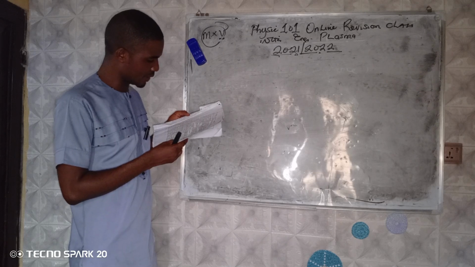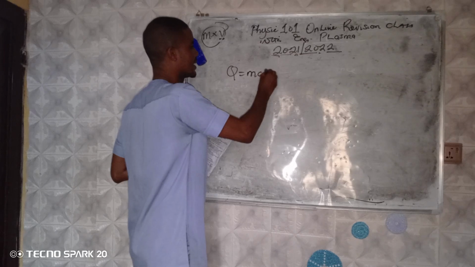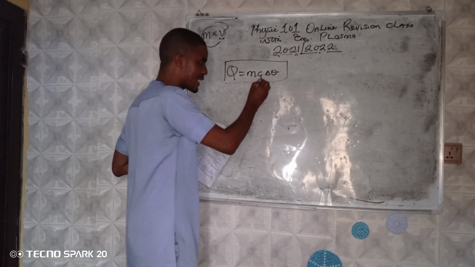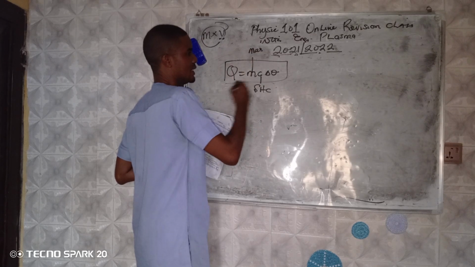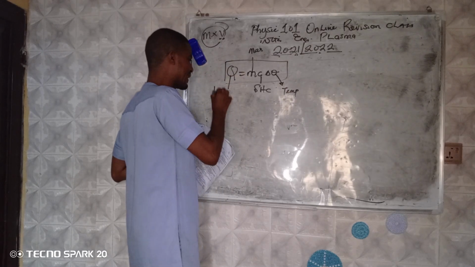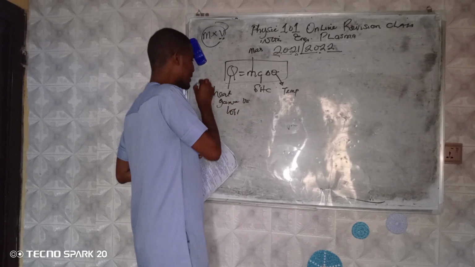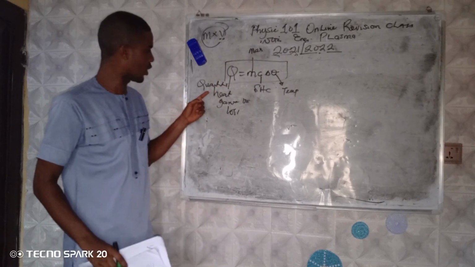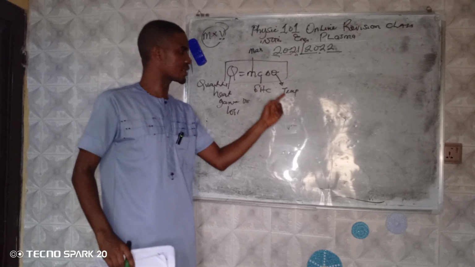In the expression Q equals mc theta, now remember that this C here is specific heat capacity. M here is mass. Theta here is temperature. Q here is heat gained or lost, quantity of heat. So this is quantity of heat gained or lost, mass of the body, specific heat capacity, and temperature.